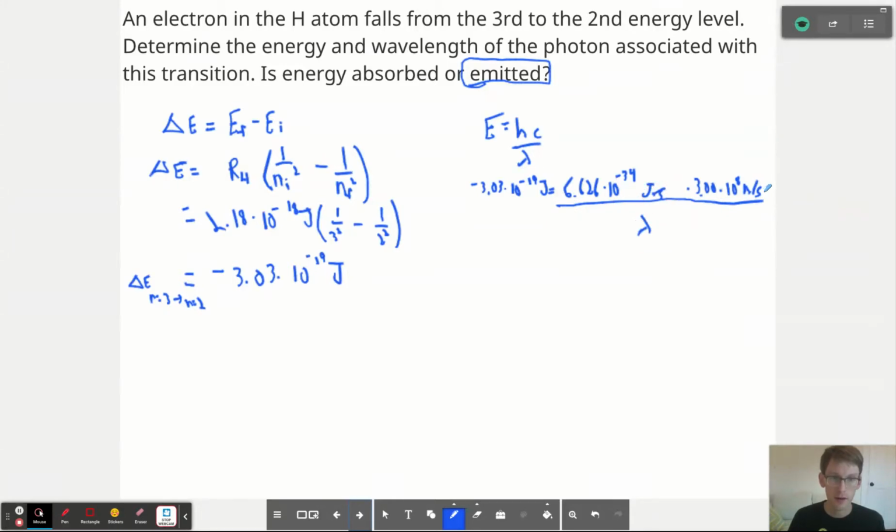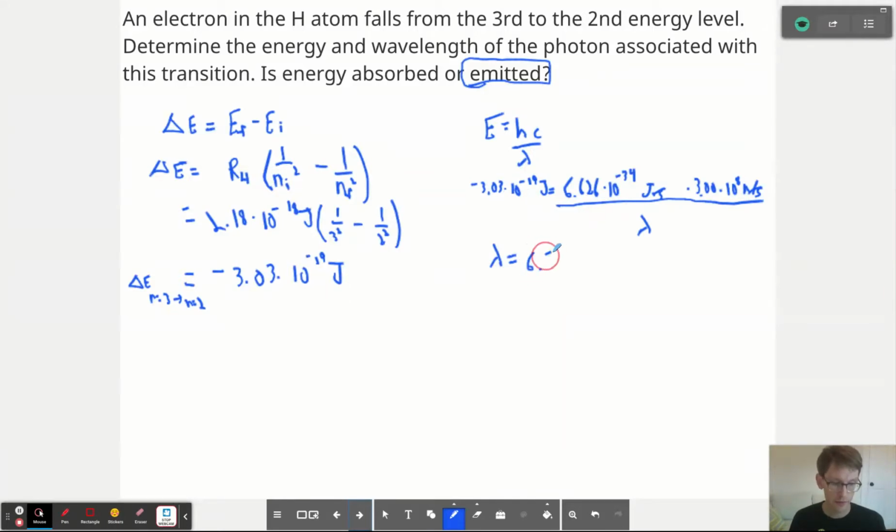Our seconds and our inverse seconds cancel out, and if we rearrange things, we get lambda times this many joules is equal to this many joules times meters. So lambda is equal to essentially Planck's constant times c divided by the energy that we have here, and the units will work out.